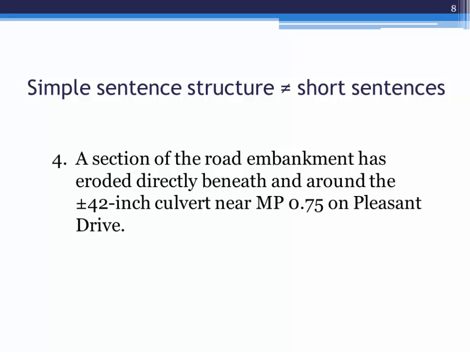The sentence might seem complicated to you at first, but that's because the information is very precise. For instance, it doesn't just say the erosion is at the culvert on Pleasant Drive. It's directly beneath and around the approximately 42-inch culvert near mile point 0.75 on Pleasant Drive.